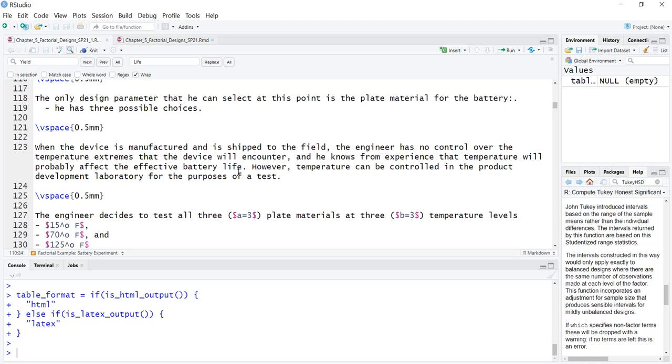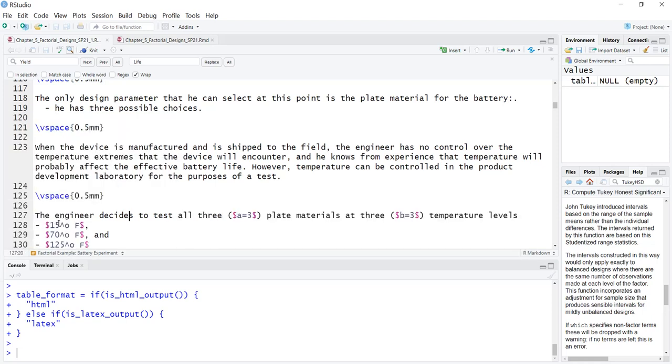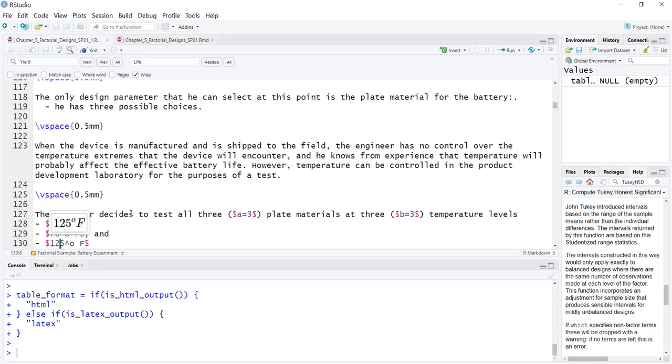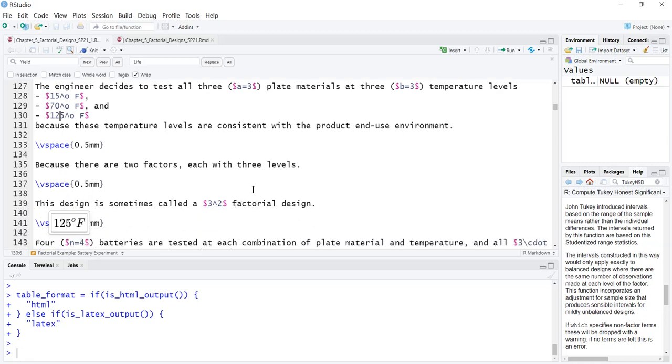So we're still interested in that, and then we can communicate to the users what the battery life should be in these three different temperature levels that he's choosing. He's choosing 15 degrees Fahrenheit, 70 degrees Fahrenheit, and 125 degrees Fahrenheit, because these temperatures are consistent with the in-use environment of the product.